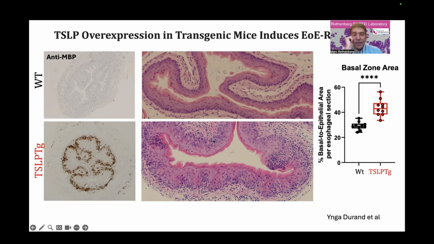Not only is there a thickening of the epithelium like we see in patients, but there's disorganization of the epithelial layer. There's an epithelial expansion. There's also hyperplasia, which means that there's increased proliferation rate of the epithelium, and we can quantitate that here, which we can see substantial differences that are statistically different between the transgenic mice and the wild type control.